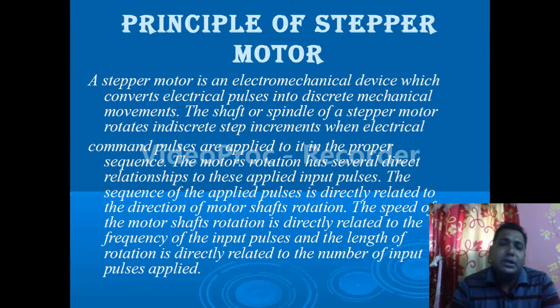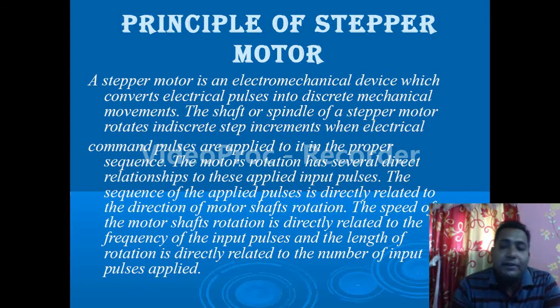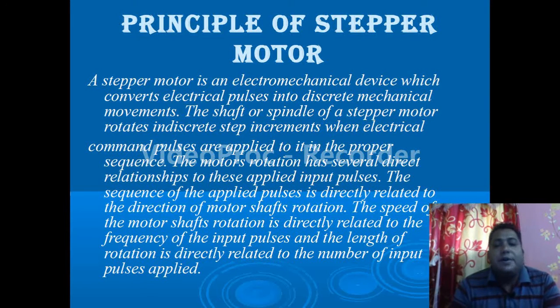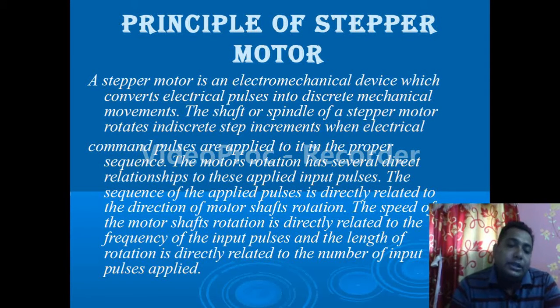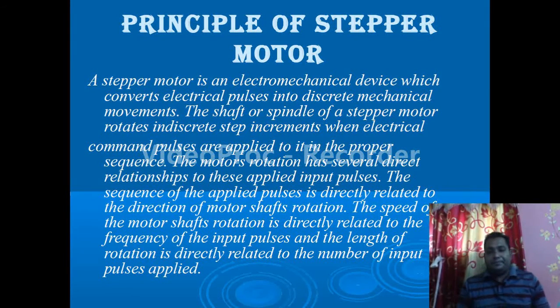The motor's rotation has several direct relationships to the applied input pulses. The sequence of the applied pulses is directly related to the direction of the shaft rotation. The speed of the motor shaft's rotation is directly related to the frequency of the input pulses, and the length of the rotation is directly related to the number of input pulses applied.